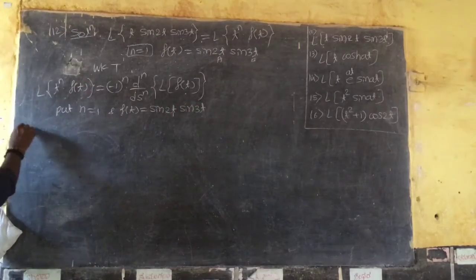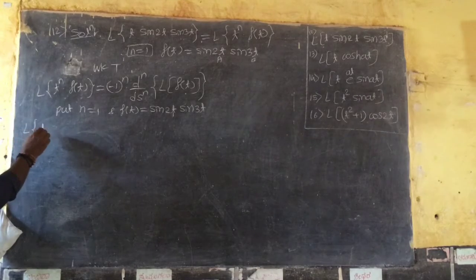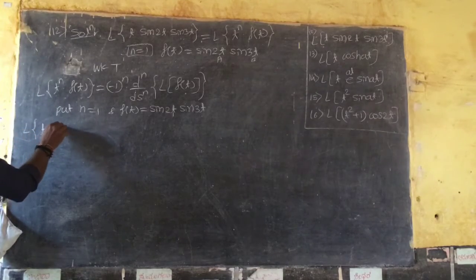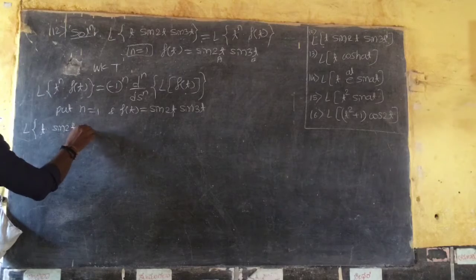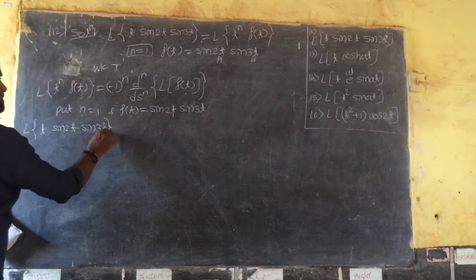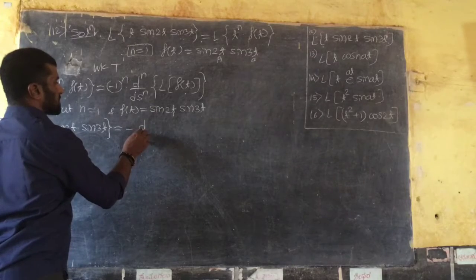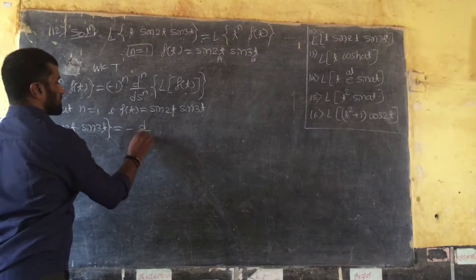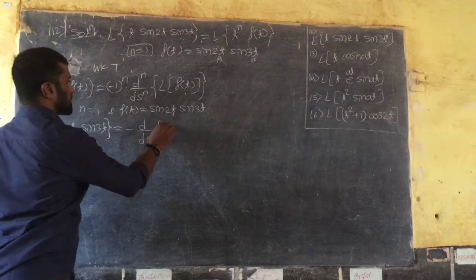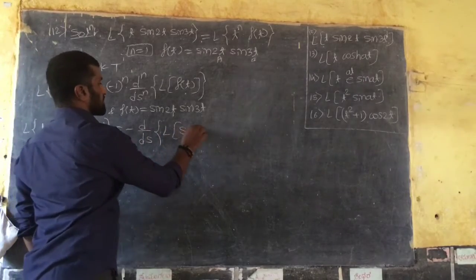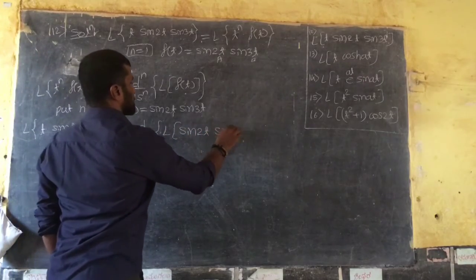So that equals minus d by ds into Laplace of sine of 2t into sine of 3t.